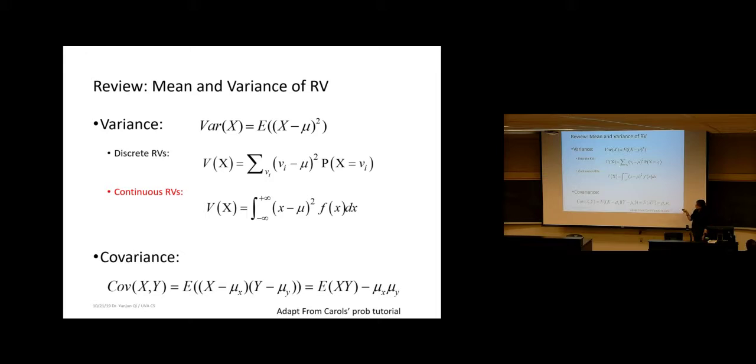And in the continuous case, do the same thing. Just replace the summation with an integral, and replace the probability mass function with a probability density function. Totally the same, just summation into integral operation.